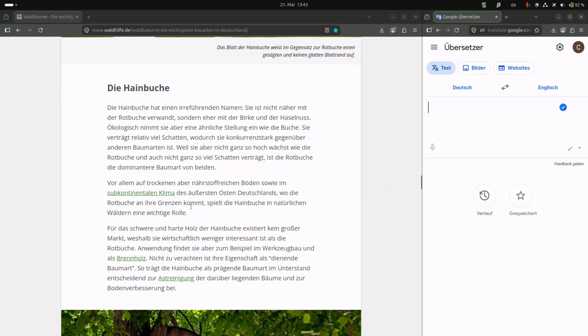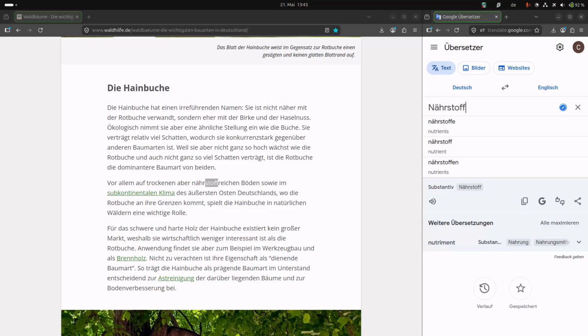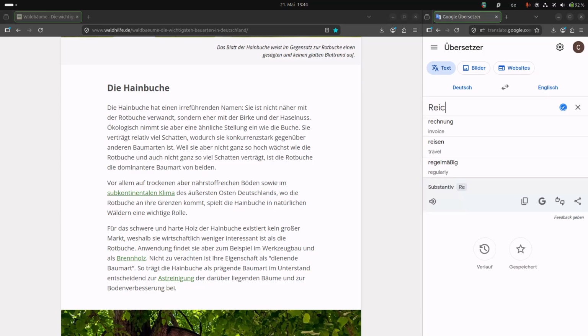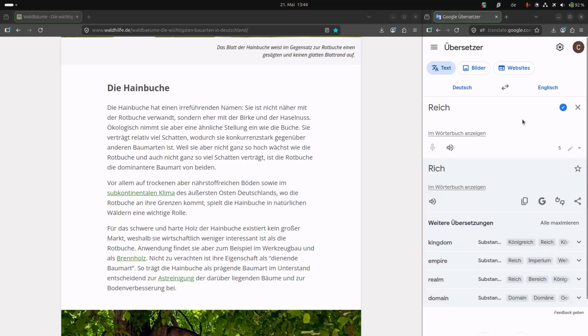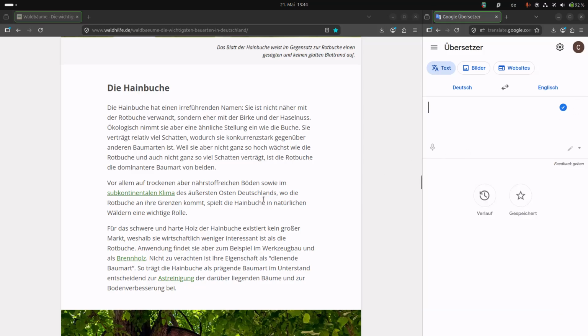And nährstoffreichen, so this means nutrition or nourishment. Nährstoff in general means, I forgot the translation. Nutrient, so nutrient, reich means rich, can also as a noun mean an empire, I think, or kingdom.